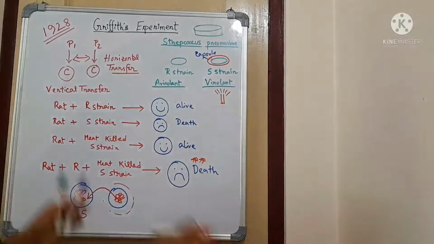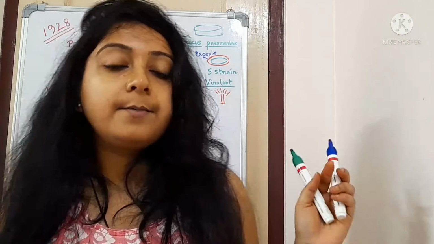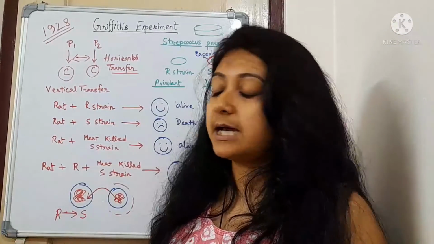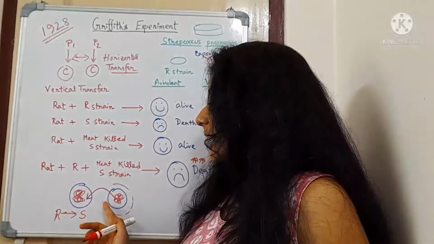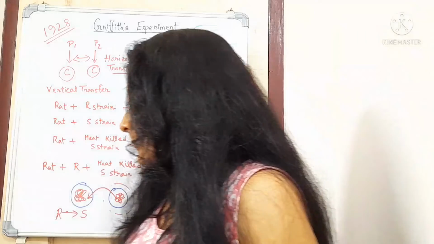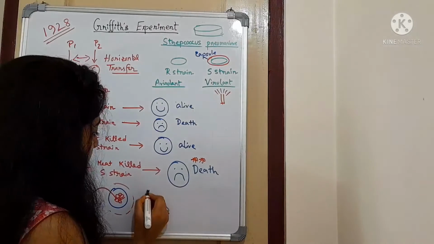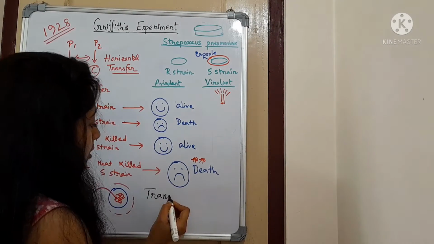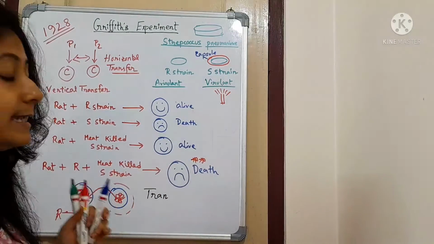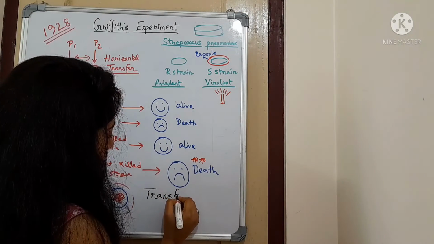Though Griffith did the whole experiment, he was not clear about what the chemical substance was which was carrying this information and transforming it. That is why he gave it the name transforming principle. This is very important: in Griffith's experiment there is no mention of DNA.